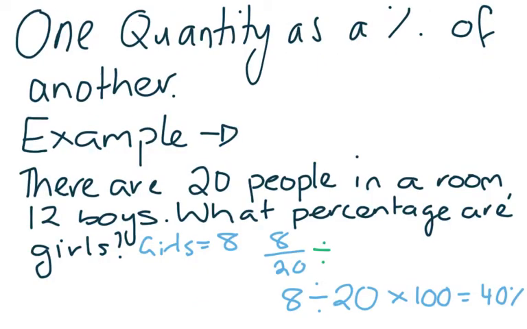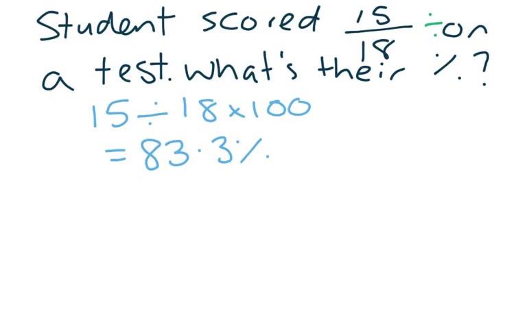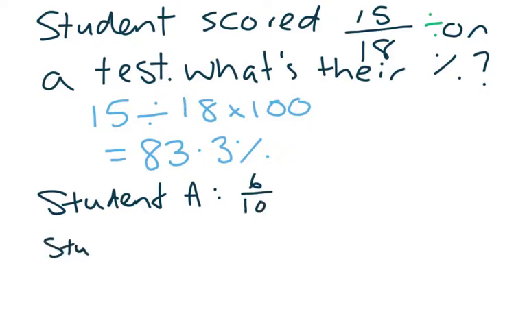So we've got the one quantity as a percentage of another, looking at people in a room, what percentage are girls. Then we've got a test score. We can also do another one here where we look at it mentally. So what if student A scored 6 out of 10, and student B scored 16 out of 25.